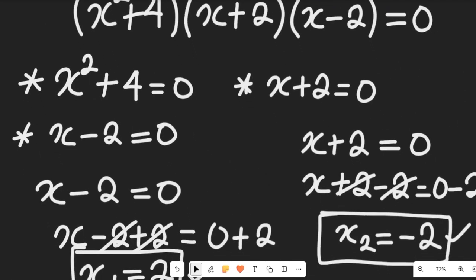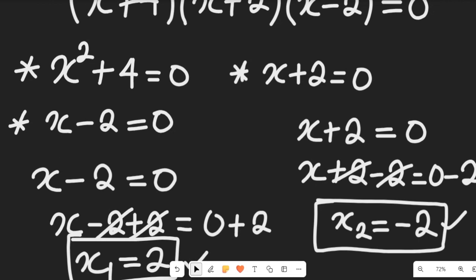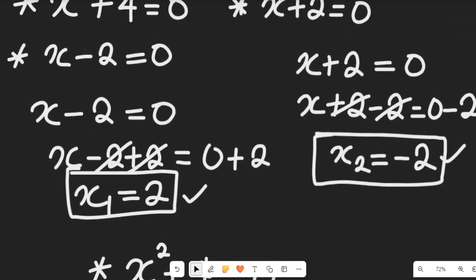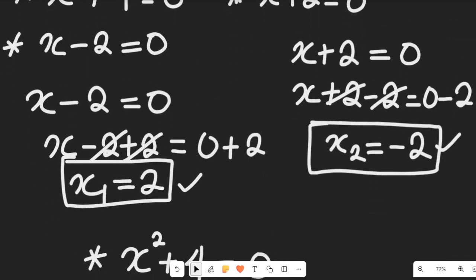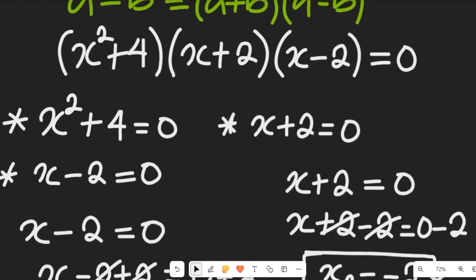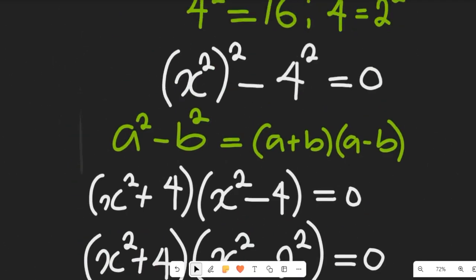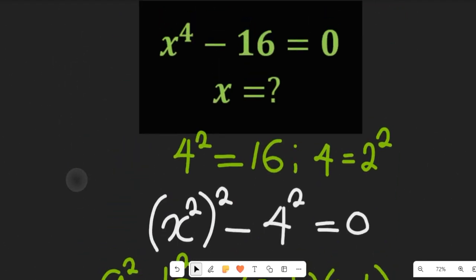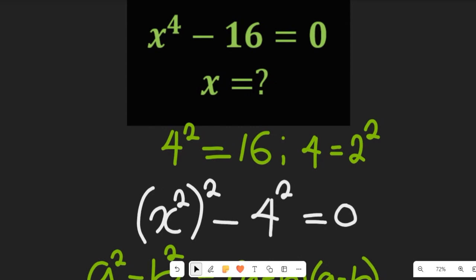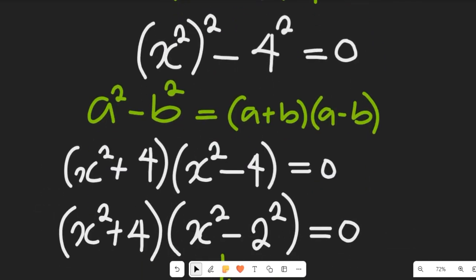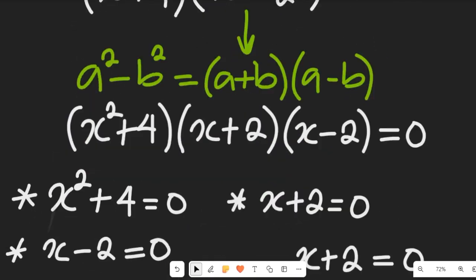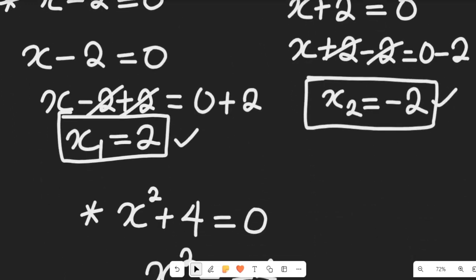So I want you to check, at your leisure, after you finish watching this, by putting in the values x equal to 2 and x equal to negative 2 into the original expression and seeing if you subtract from 16, it will give us 0, which is on the right hand side. If it does, that tells us that this solution is absolutely right.